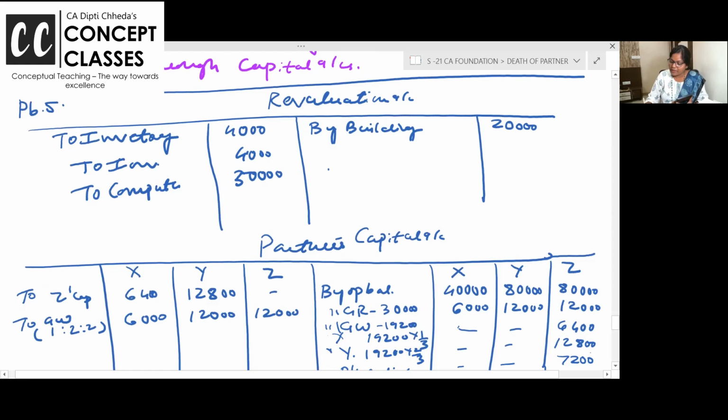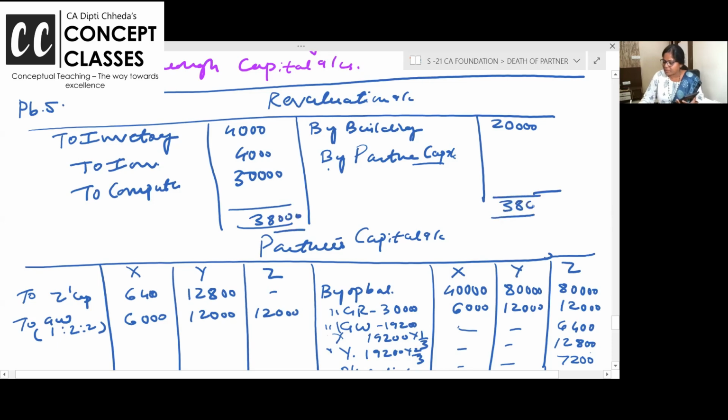Chalo, now you are getting revaluation loss and take it to partner's capital account. Partner's capital account. Total is 38,000. And here it is 18,000.